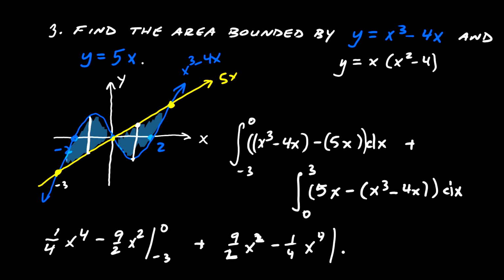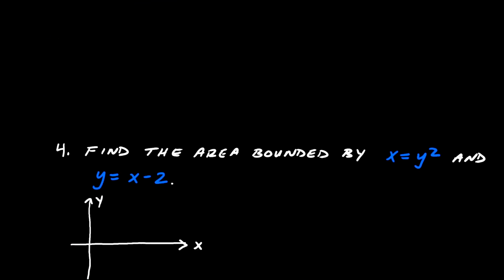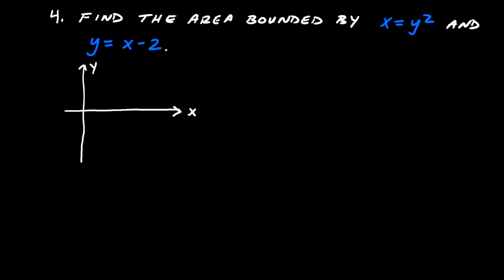And that will be evaluated from 0 to 3, so you can see the symmetry there. And when you finish evaluating that, you're going to have 20.25 plus 20.25, so you'll be left with a final answer of 40.5.